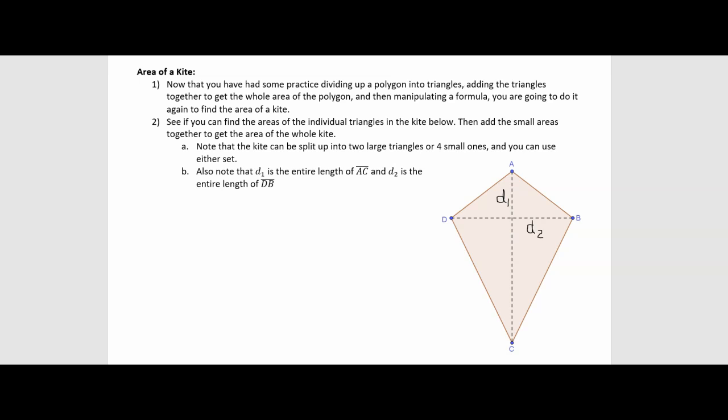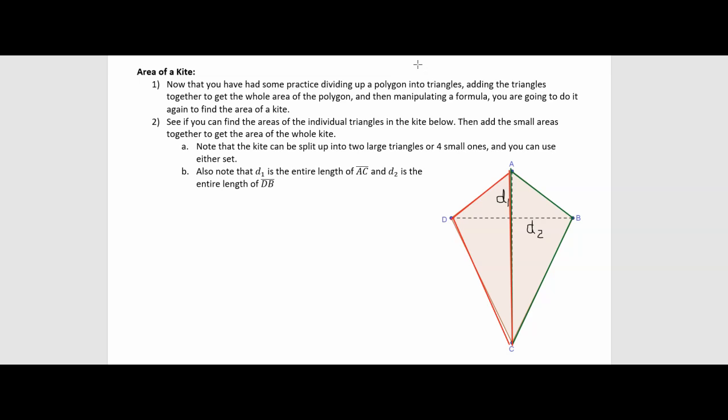Oops, let me get my straight line tool here. So I'm going to look at it as this triangle right here in green, and we'll do this triangle here in red. So I'm going to split the kite into those 2 triangles.